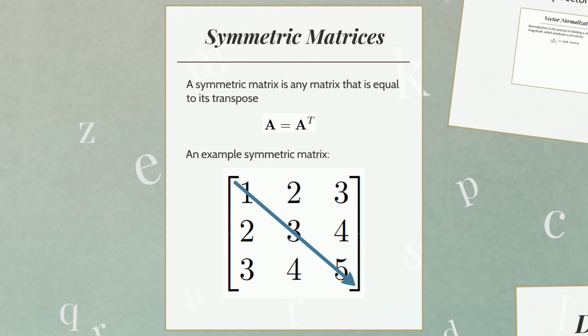And symmetric matrices often arise when the entries are generated by some function of two arguments that does not depend on the order of arguments. So for example, if our matrix A here is a matrix of distance measurements with A_ij giving the distance from point i to point j, then A_ij is going to be exactly equal to A_ji.